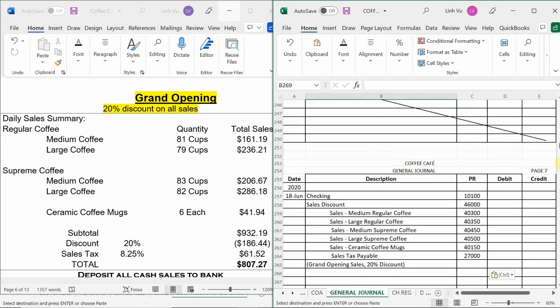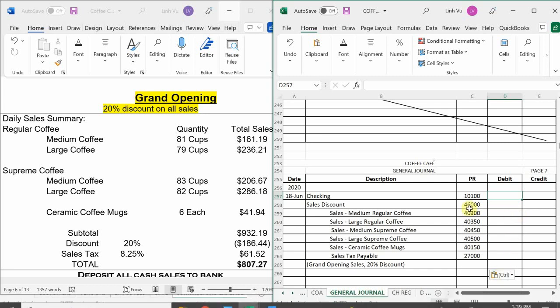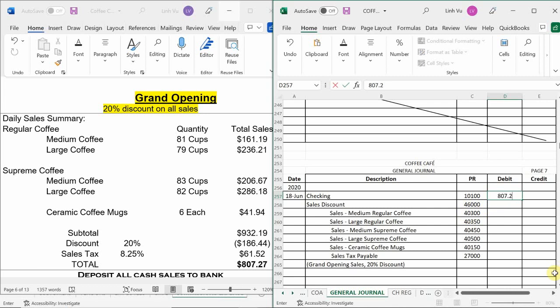All right. So, first things first, going down the list here, what was the total amount of cash that I collected from the sale? 807.27. Okay. How much was my discount for? 186.44.